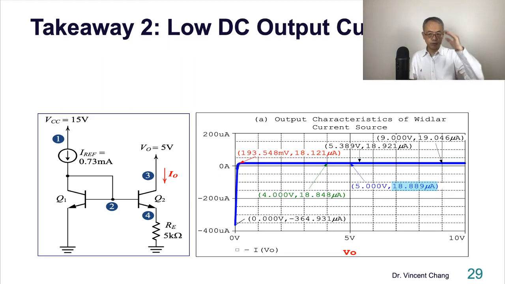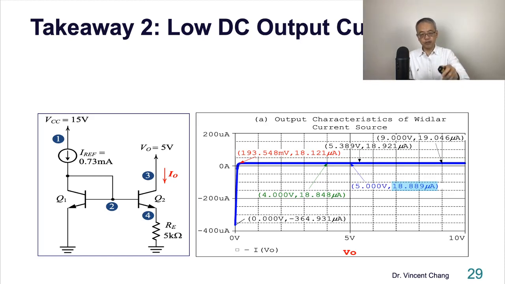Second takeaway, it's very suitable for integrated circuits, because it provides a low DC output current. How low? This is actually the homework I left you in the first part video. I said if the reference current is 0.73, now you see what's the output current? Down about 38 times, about 40 times. So 40 to 1, the answer is 18.9 microamps.